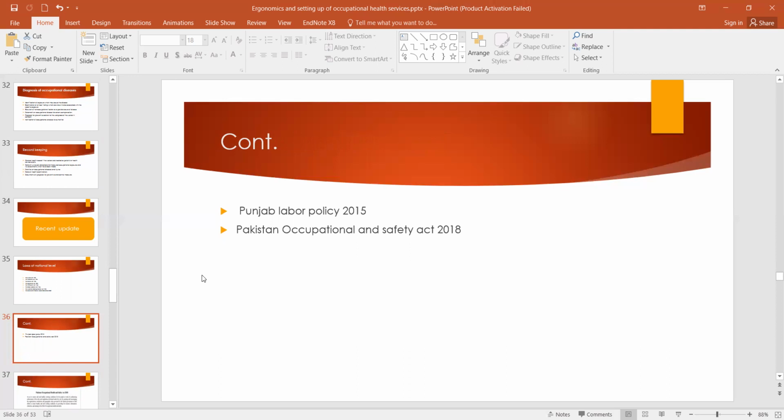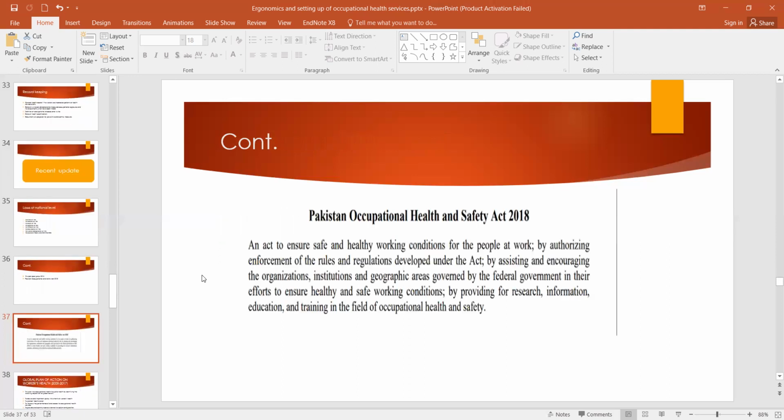2018. These are different laws which were passed in Pakistan in previous years, and the most recent is Pakistan Occupational Health and Safety Act 2018.